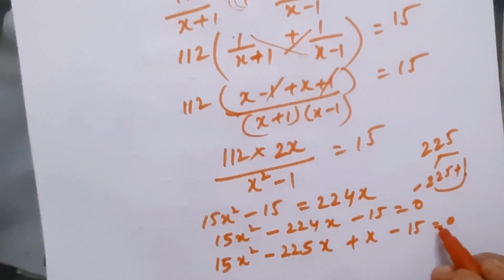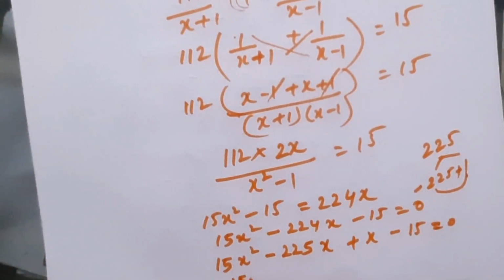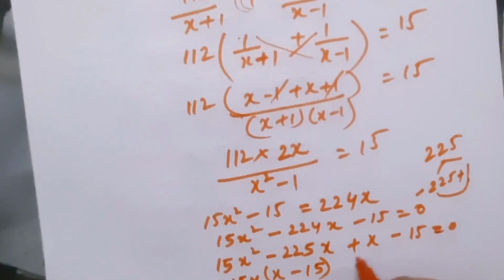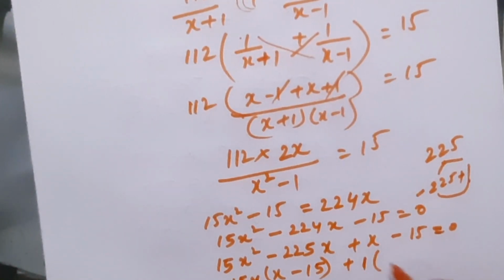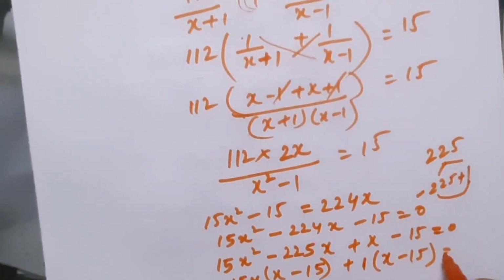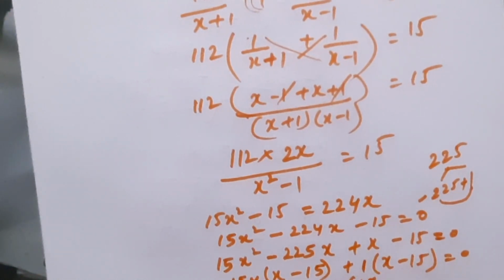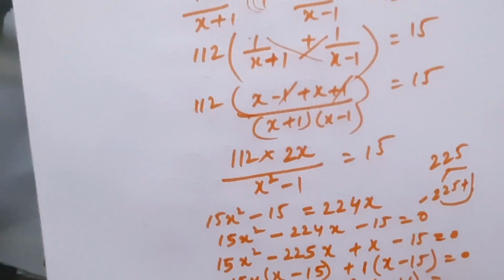For a quadratic equation, putting 0 is very important. Don't leave this. 15x can be taken common, thus it is x minus 15. Here nothing is common, so plus 1 is taken common. Repeating the same bracket, thus x minus 15 and 15x plus 1 is equal to 0.